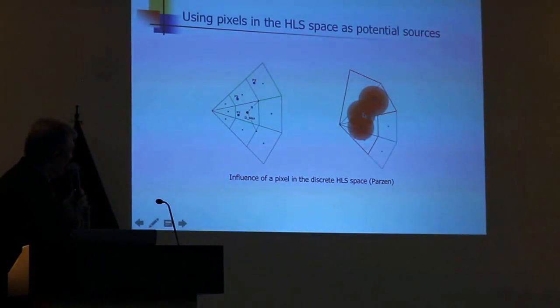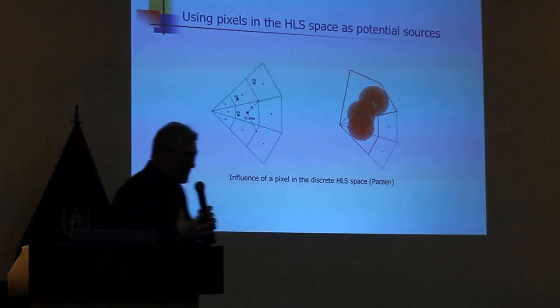So for example, in this cell, we have the contribution of 3 points: a very strong contribution of this pixel, a medium contribution of this pixel, and a very low contribution of this pixel.